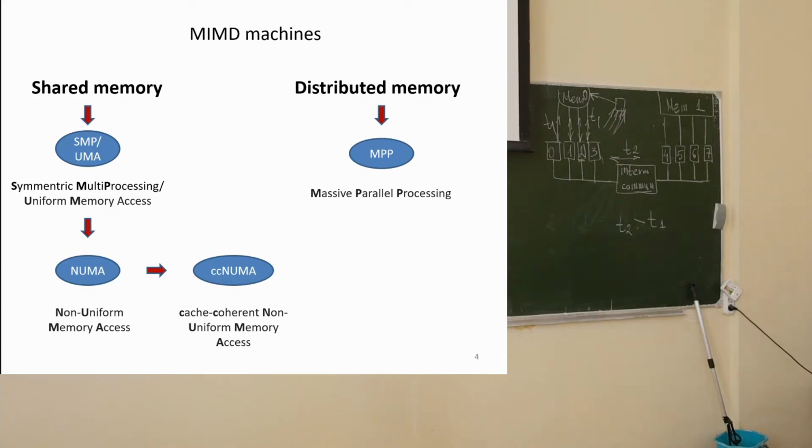And from this point we can use, for example, uniform memory access or non-uniform memory access machines and solve this problem just using a software approach. But from the point of view of a programmer, these machines are almost the same, if we exclude this cache coherence problem.